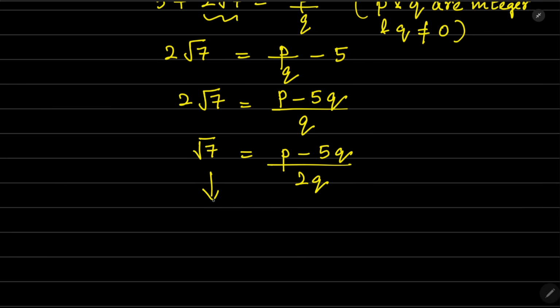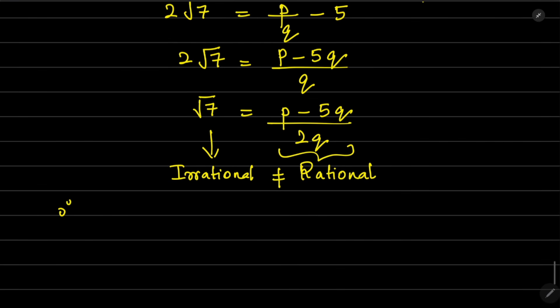So, again here you have root 7 is irrational. And on the right hand side you get integer minus integer divided by integer, which is nothing but all rational. Okay, so this is rational. And irrational cannot be equal to rational. So you will write a statement that this makes our assumption wrong.